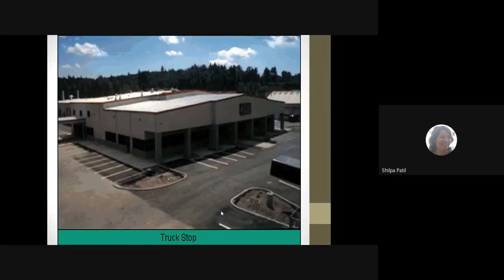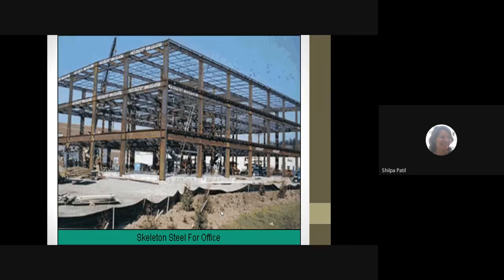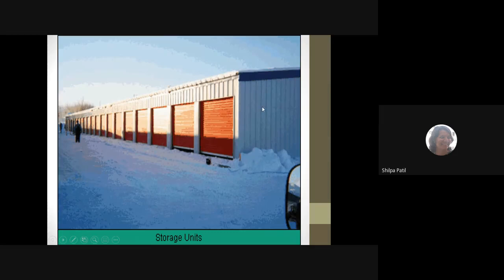You can see in this particular photograph, I will go back to that diagram again. Just a moment. This one, these are actually the steel sections only.